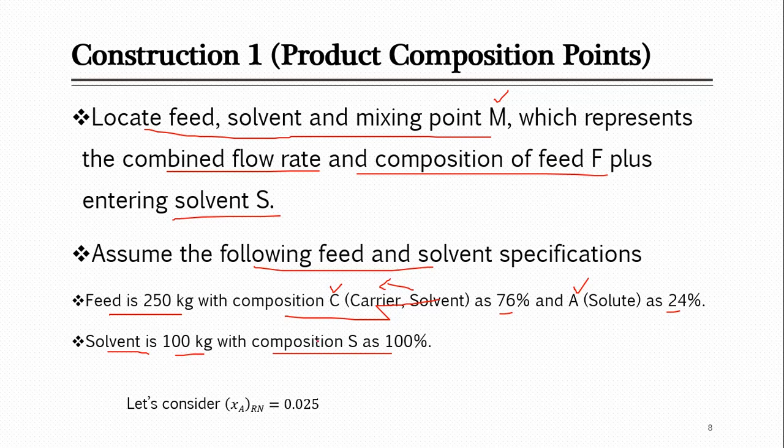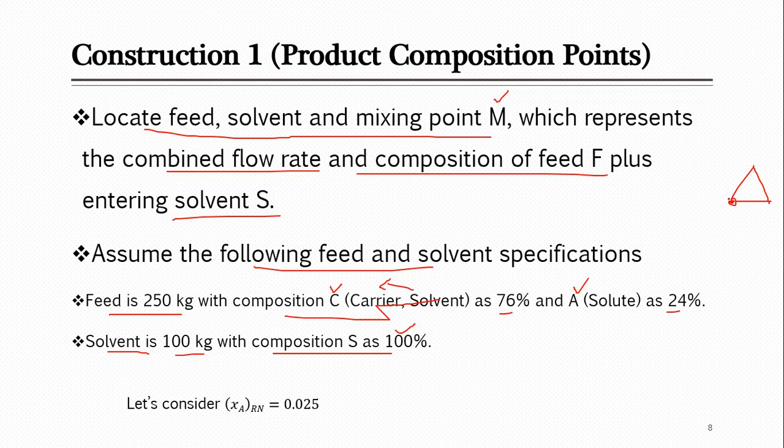S is 100%. We have already talked about this in the previous lecture also, that the solvent is 100% pure. But suppose it is not 100%, so what will happen? Just think over it. As you remember, when something is 100%, it's located at the apex corner of your triangle, like this is your solvent, 100%, so it will be located here.